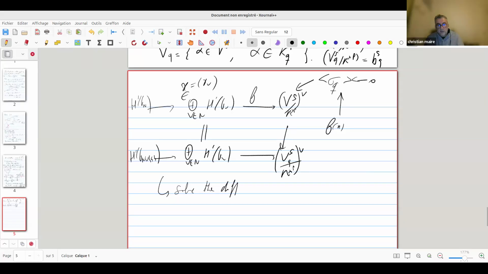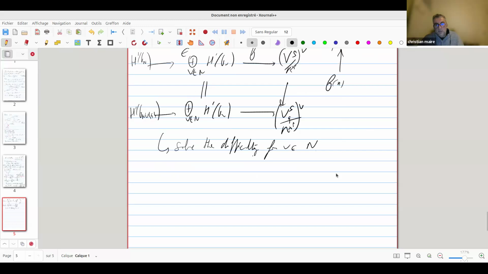So the difficulty is for V in N. But now the problem is that you add some extra ramification. We have a new ramified prime, which is Q. So you solve the problem for all the N, but maybe for the Q you add some extra difficulty.